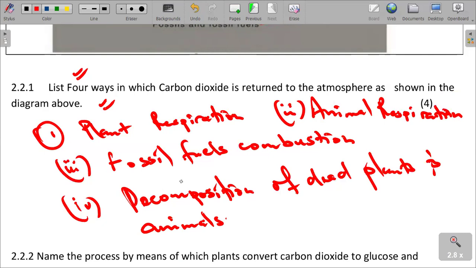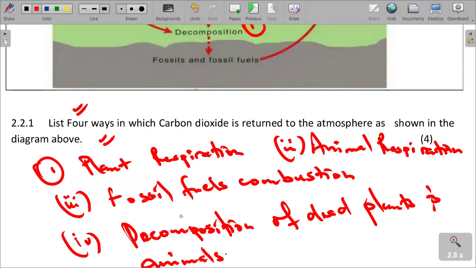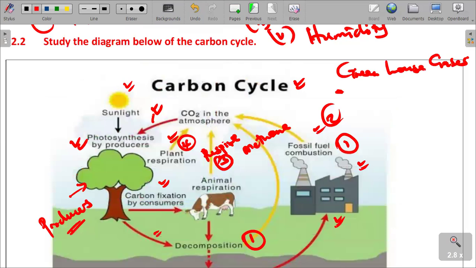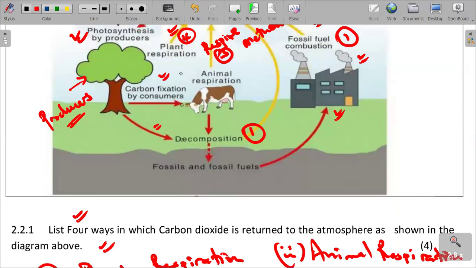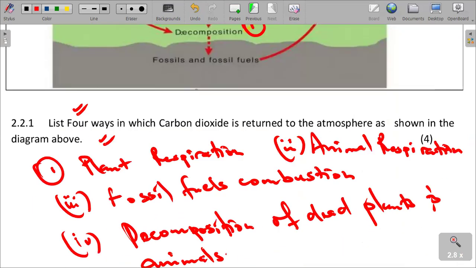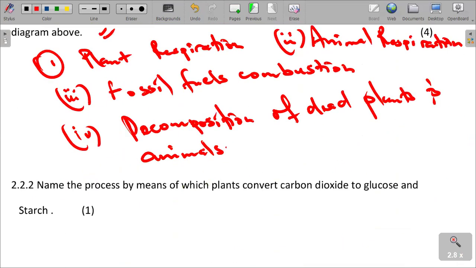So these are the 4 ways through which carbon dioxide is retained in the atmosphere, as shown in the diagram: fossil fuel combustion, plant respiration, animal respiration, and decomposition of dead plants and animals. They both decompose as they die, producing and adding carbon dioxide into the atmosphere. So those are the answers that we need to take note of.